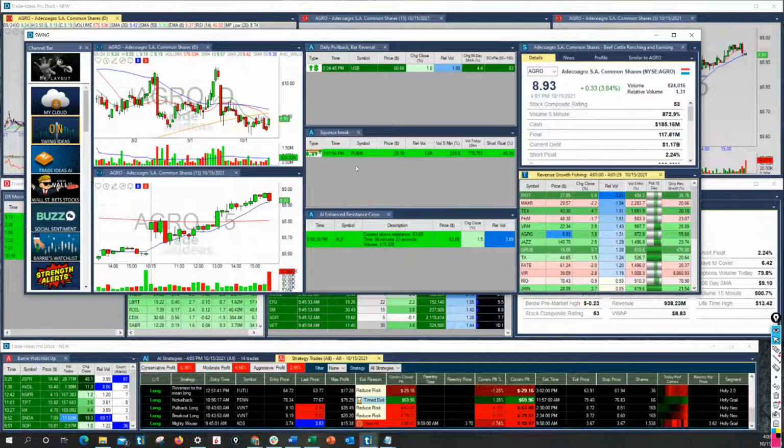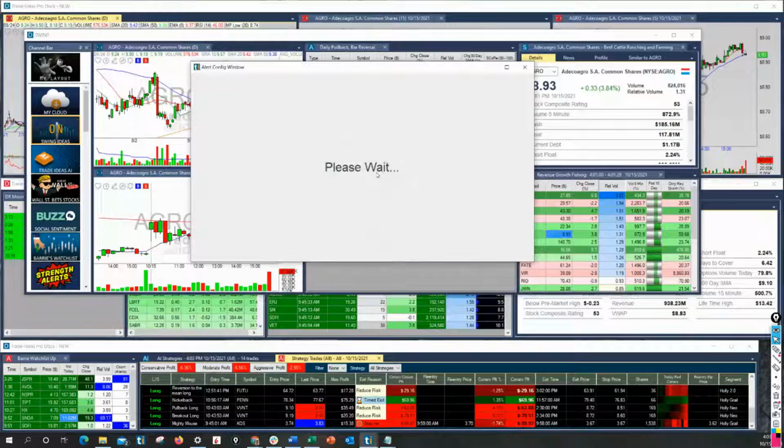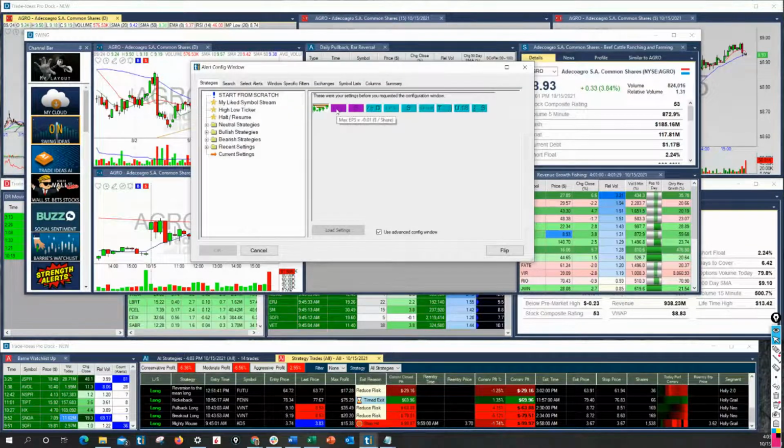And you can look at all these different things, take a quick look here in the squeeze break. You're looking at an earnings hack in here to keep out ETFs. Our floats, a short float as a catalyst to get things going.